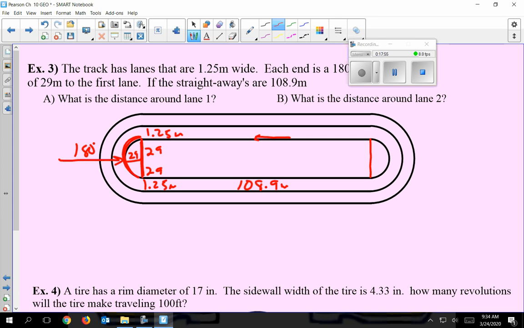So for the length of that arc around the inside part of that lane, it's going to be 180 over 360, times the circumference of a circle. So the radius is 29, and it's 2 times 29 by pi, okay?